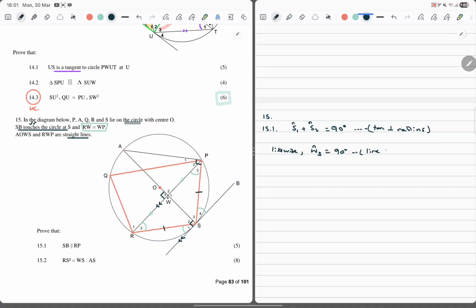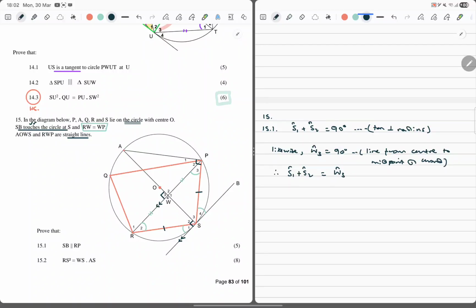This is the line from center to midpoint of chord. We know that it is perpendicular to the chord. Now we know that essentially S1 plus S2 is equal to W3.